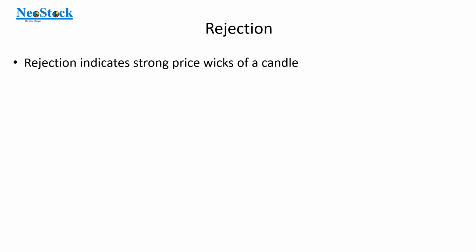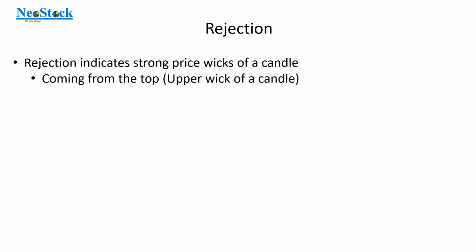And how can we observe these long wicks? Either coming from the top, that is called the upper wick of a candle. Look at this candle. At one point of time, the price went up to this level.